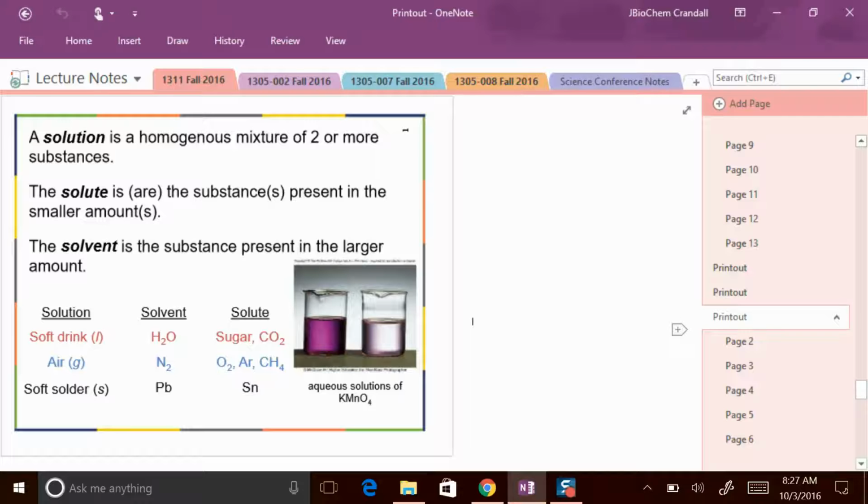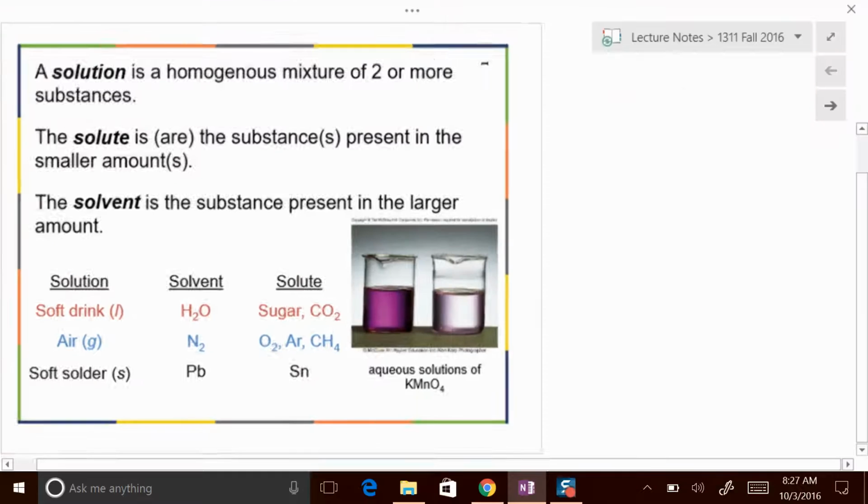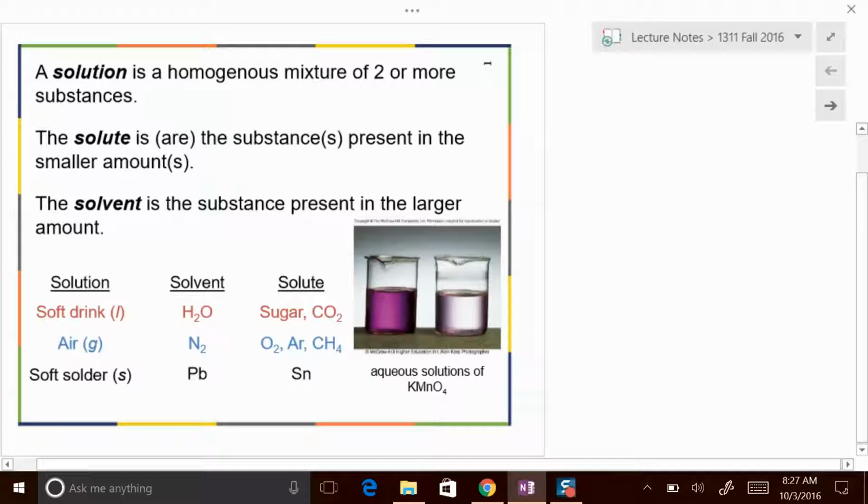Okay? A soft drink is a solution: water and sugar, and even carbon dioxide. The carbon dioxide is in the solution in a perfect amount. It's homogeneous. Air is a solution. The solvent is nitrogen. There's more nitrogen in the air than any other molecule or gas, and all the other gases are dissolved into it.